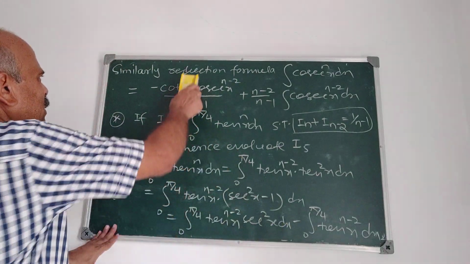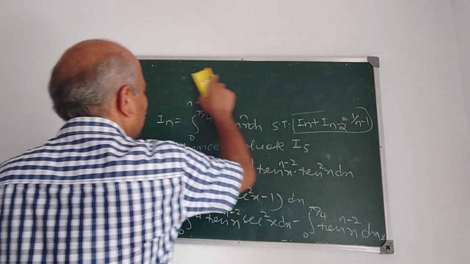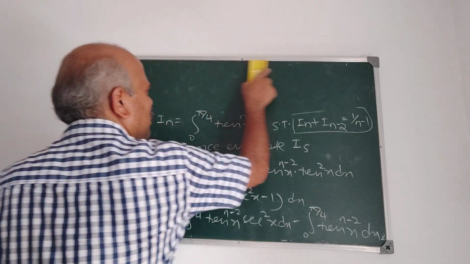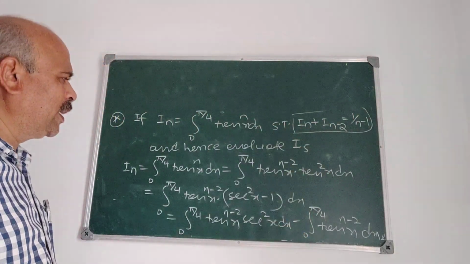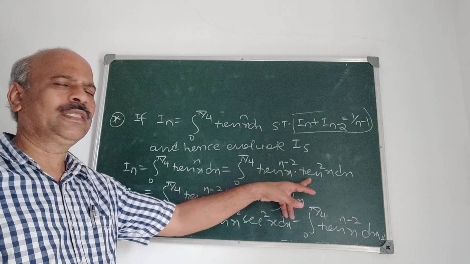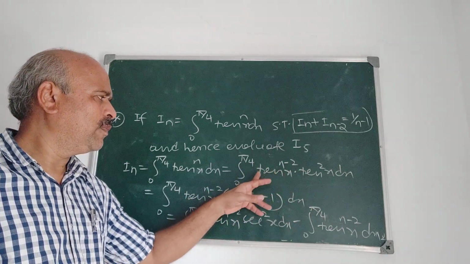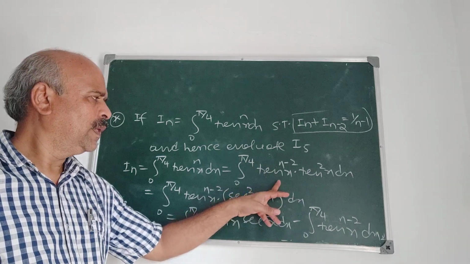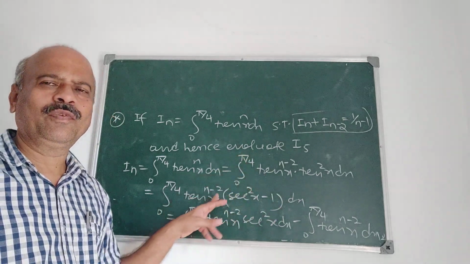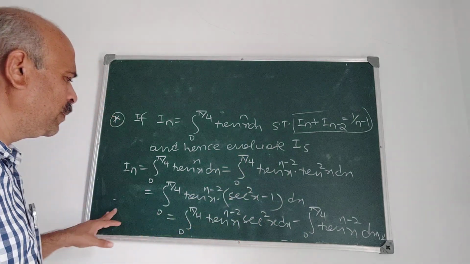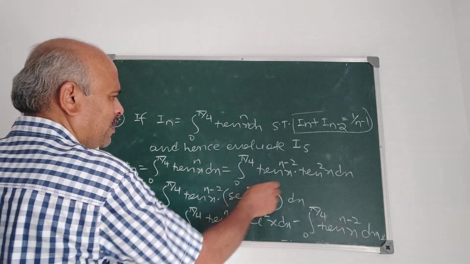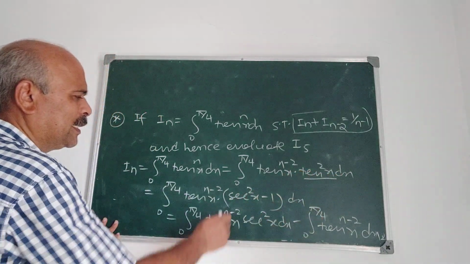I think all followed this. There is no difficulty in this step. It is a straightforward step. I have taken tan x raised to n as tan x raised to n minus 2 into tan square x, just as in the reduction formula of the indefinite integral of tan x raised to n, but the only difference is that 0 to pi by 4 is there. Now tan square x is written as secant square x minus 1.